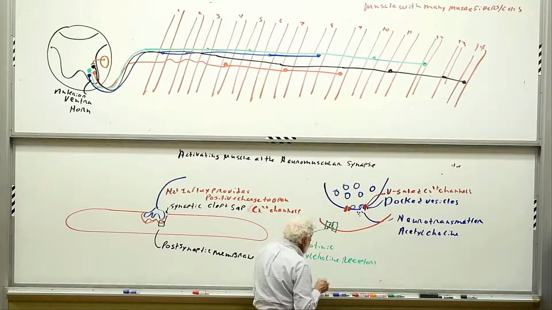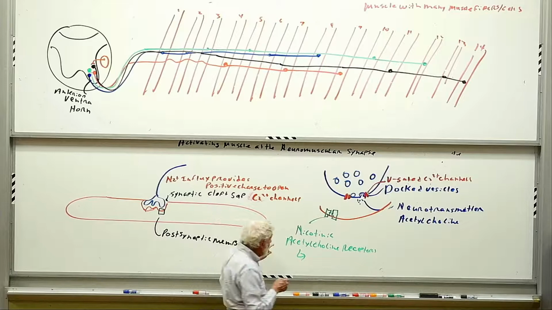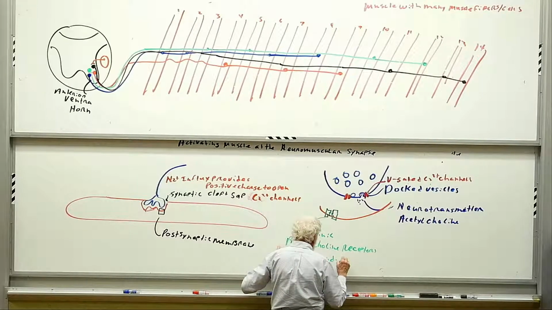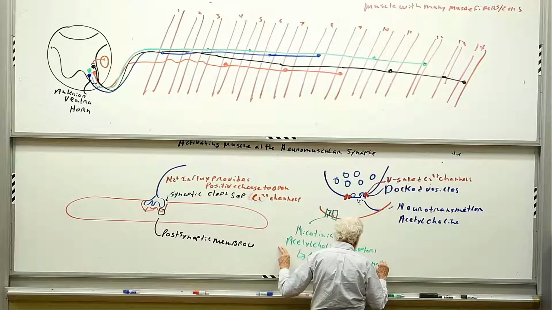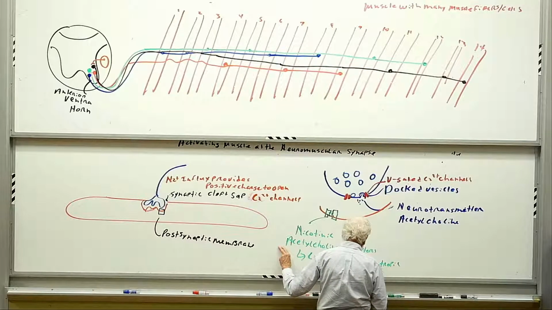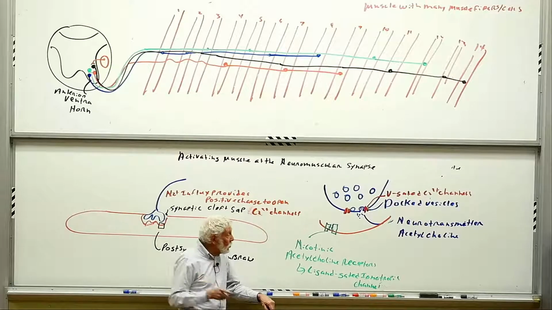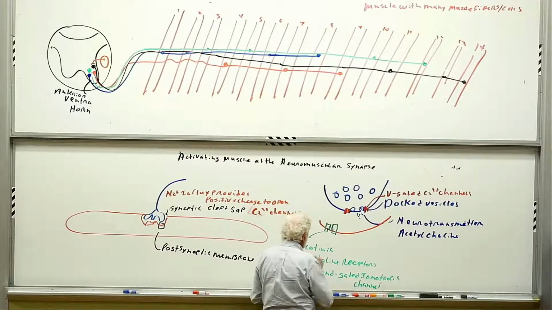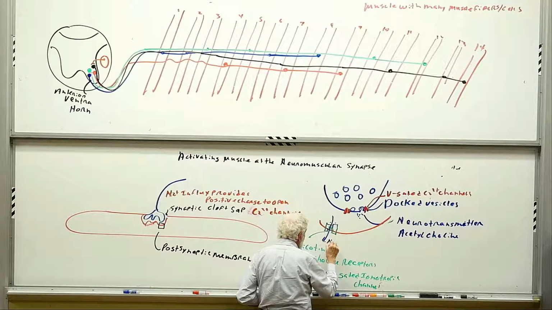The nicotinic acetylcholine receptors are atypical. In fact, they're one of the first ones discovered. These are atypical ligand-gated ionotropic channels. The typical nicotinic acetylcholine receptor here is going to bind the acetylcholine. We'll bind two molecules of acetylcholine, open the channel, and now allow for sodium to come in.